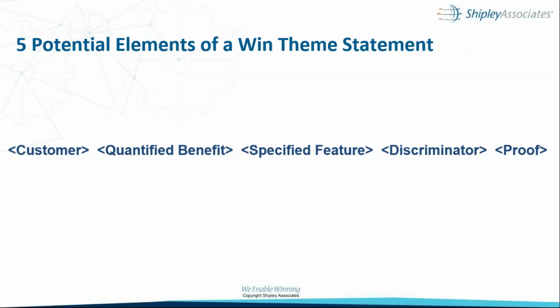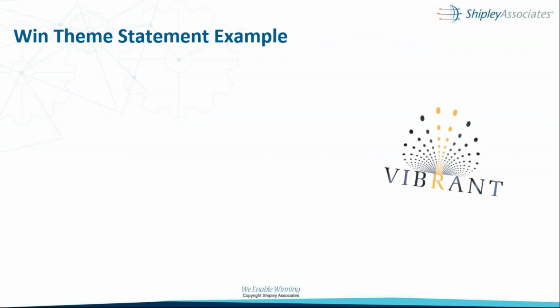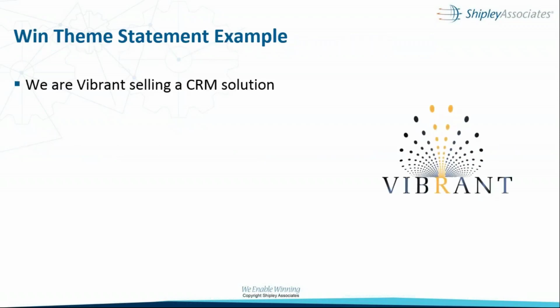We need to be careful that theme statements are concise, short, hard-hitting, straightforward. But if we could focus on the customer, quantify benefits, be specific in our solution or feature, discriminate, provide a discriminator and provide proof all in a win theme, that would be the ideal. So let me paint a scenario real quick before we wind down.